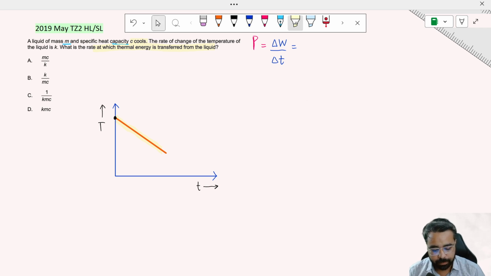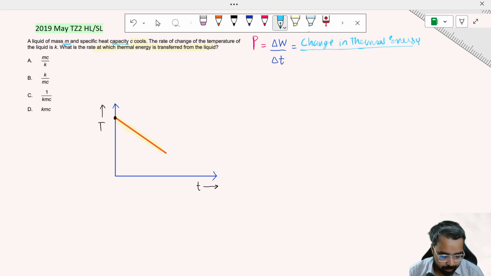According to the work-energy principle, power is the change in thermal energy, which is obviously the thermal energy lost, divided by the time taken. So if we put in the equations, that should be delta Q over delta T.